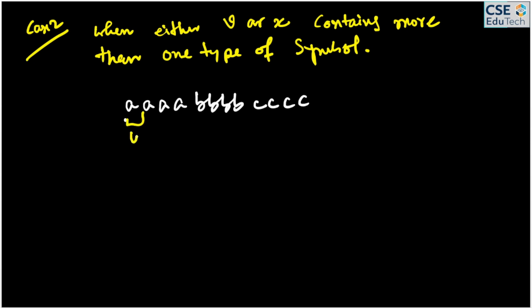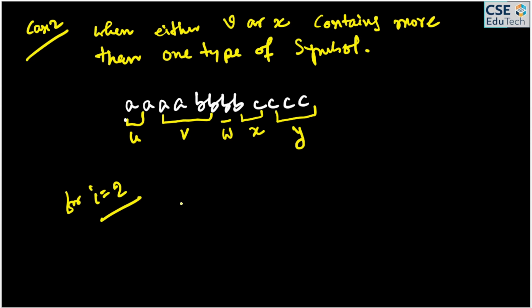Suppose this is U, and this contains more than one type of symbol, so we consider this is V, this is W, and X is more than one type of symbol, and this is Y. Now for i equal to 2, it will look like this: U means A, V2 means A, B, B, again A, B, B. This whole thing is V2.